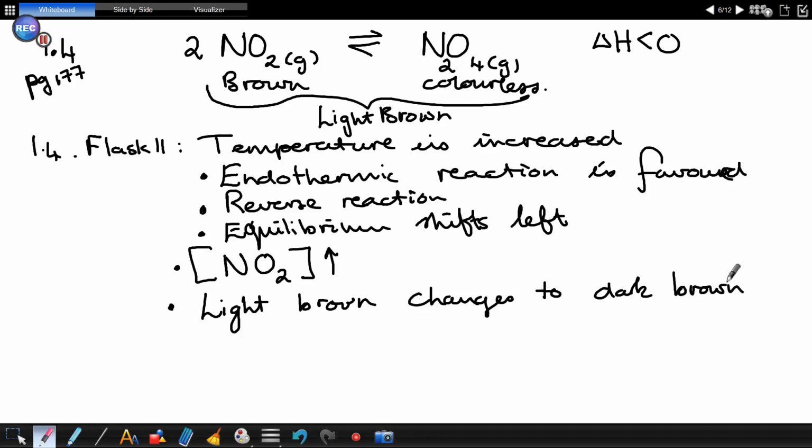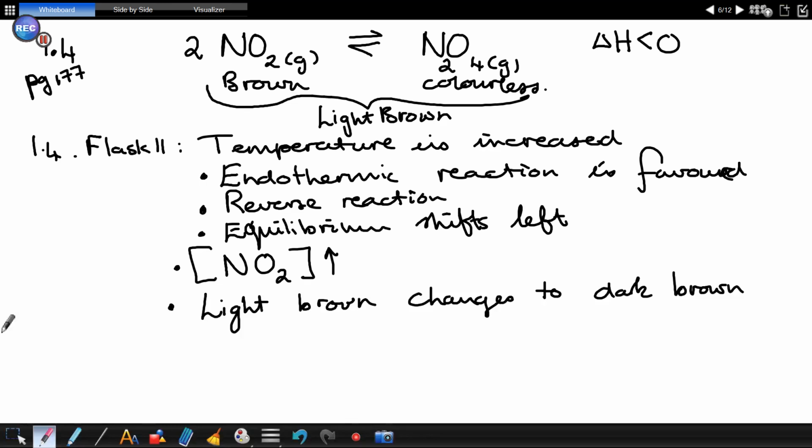The purpose of the color is just to visually indicate the concentration. So the equilibrium shifts to the left.